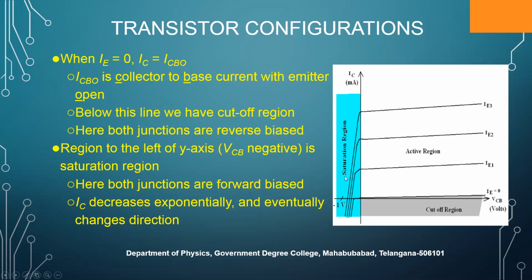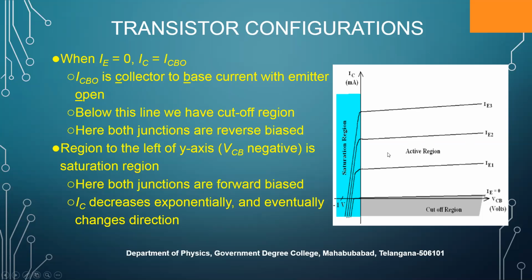Here we have to remember one thing. In the starting lecture itself, I told that emitter base junctions will be always forward biased and collector base junctions will be always reverse biased. That means to get the transistor to work properly, we have to keep emitter base junction in forward bias and the collector base junction in the reverse bias.